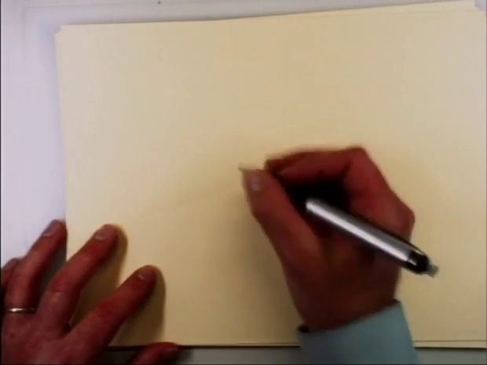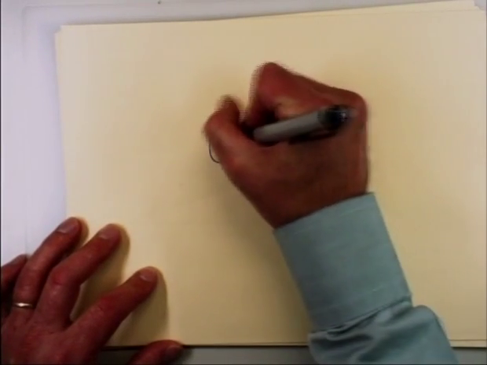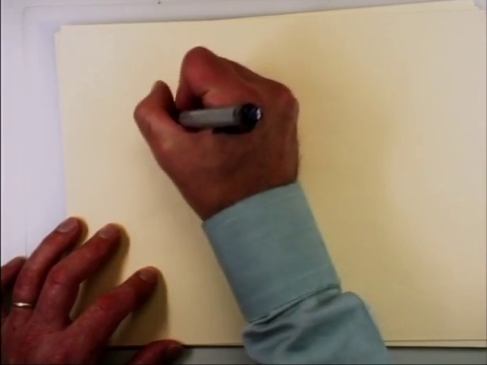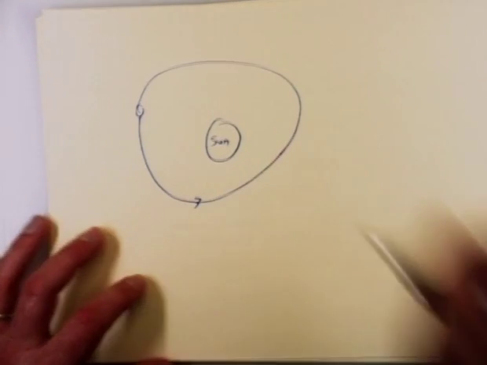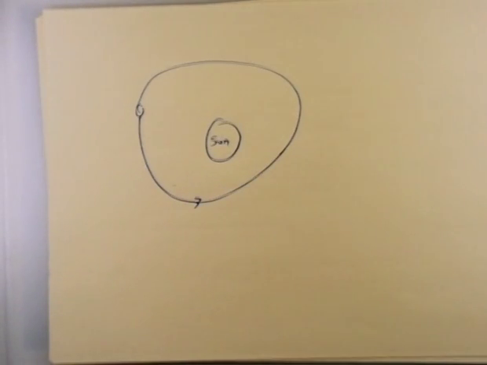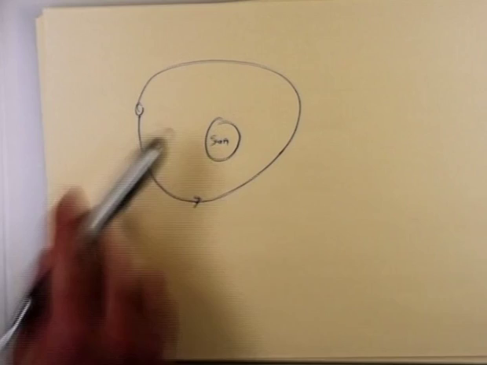Perhaps the most famous example, the most important example, is something near and dear to the hearts of astronomers everywhere, which is planetary motion. Here's the sun. Earth goes around the sun in almost a circle. It's really an ellipse. It's not at all this horrible shape I've drawn here, but use your imaginations and pretend this is a perfect ellipse. What happens? Well, the distance is almost always the same.